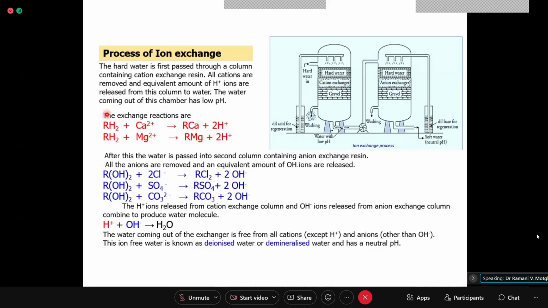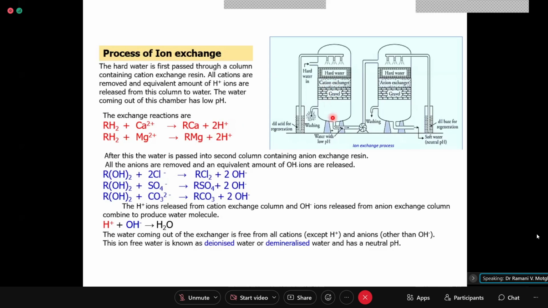H2 is the exchangeable part, H plus. So RCa is formed, calcium is retained by the resin, and 2 H plus is released.